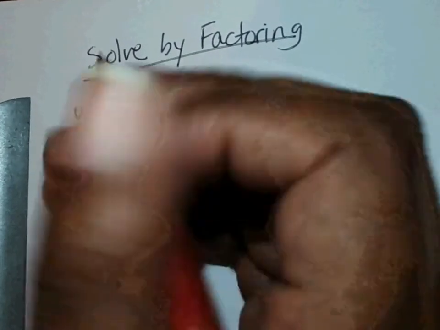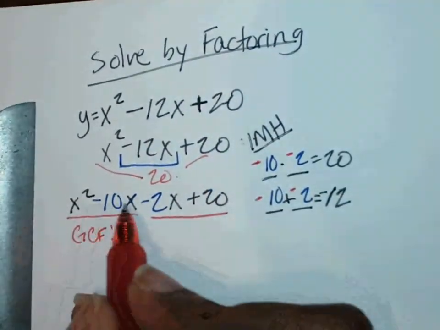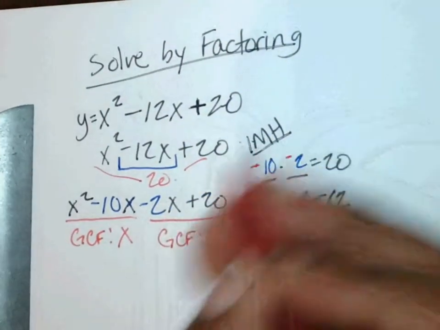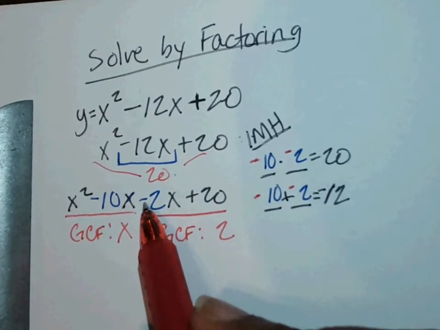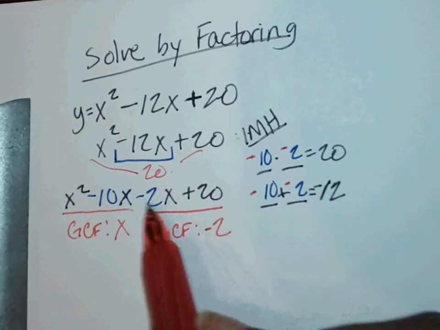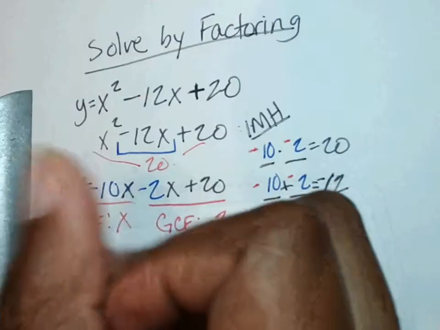The GCF of my first two seems like it'll be just x. The GCF of my second two looks like they have a 2 in common, but since my 2 in the front is negative, I have to make my GCF the same sign as the number up front. Alright, factor out my GCF.